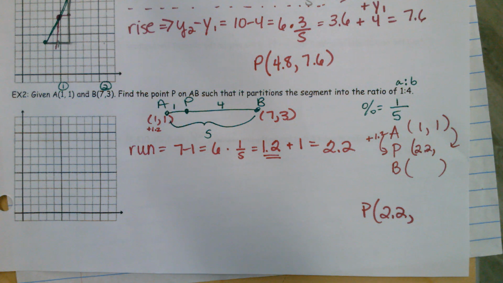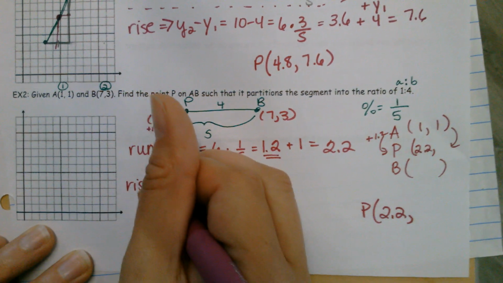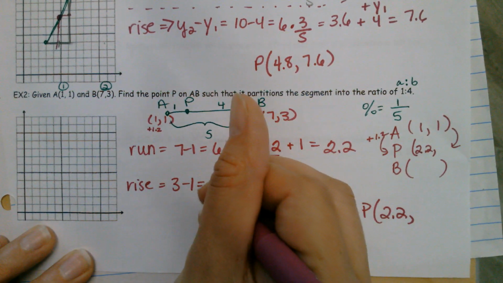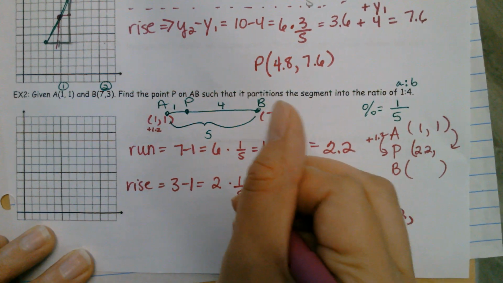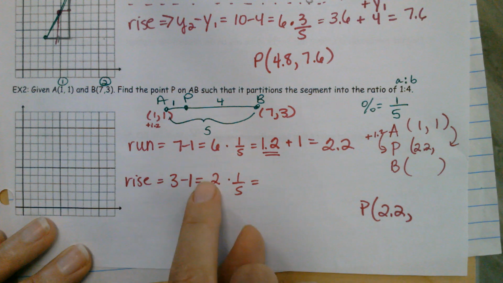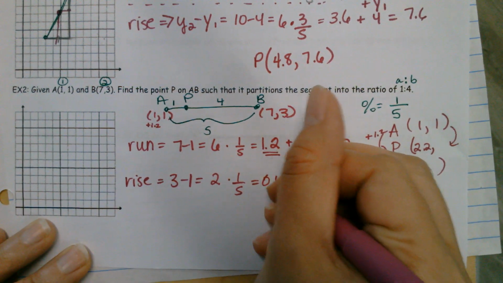Someone talk me through how to do the rise, the y. Go ahead, Isabel. Yeah, I agree with that. So that's 2/5, which is just 0.4.